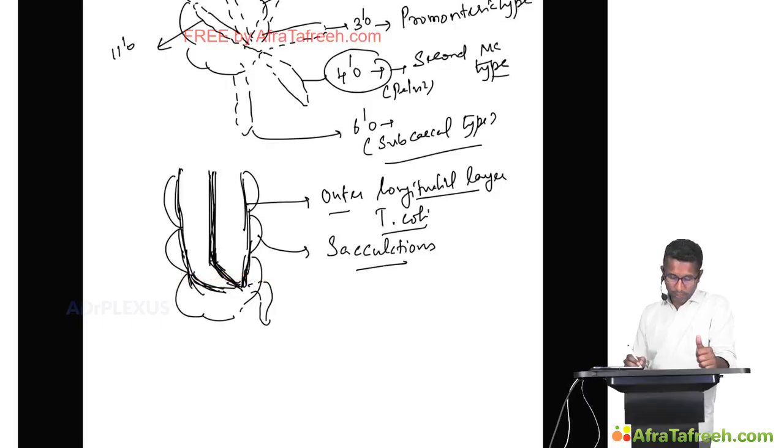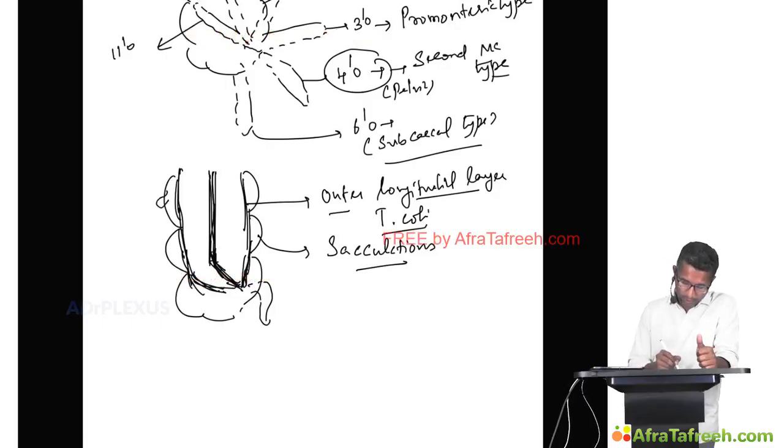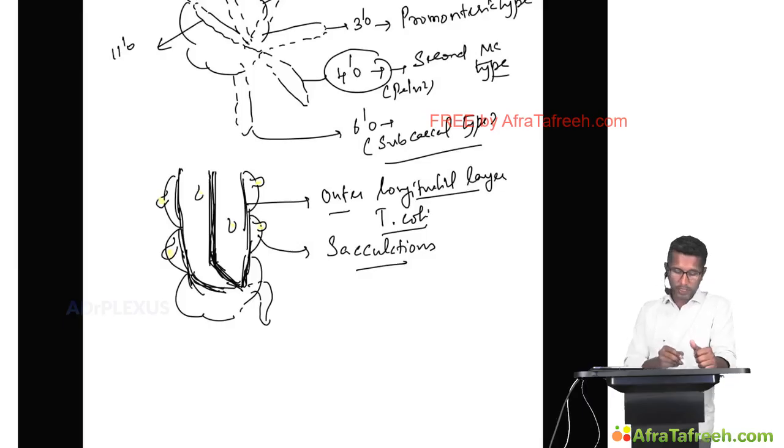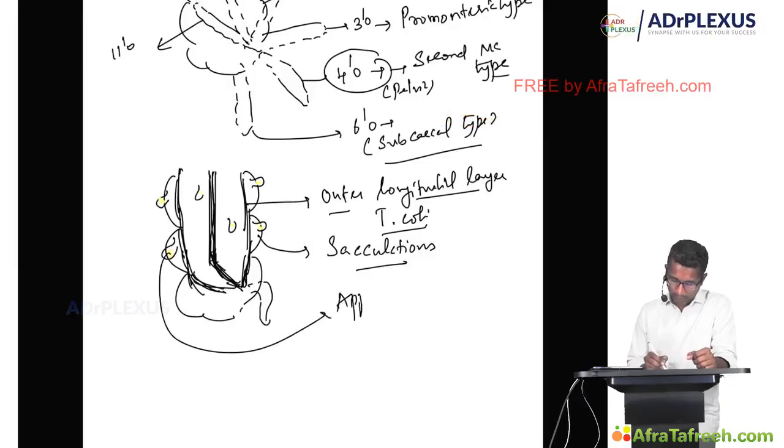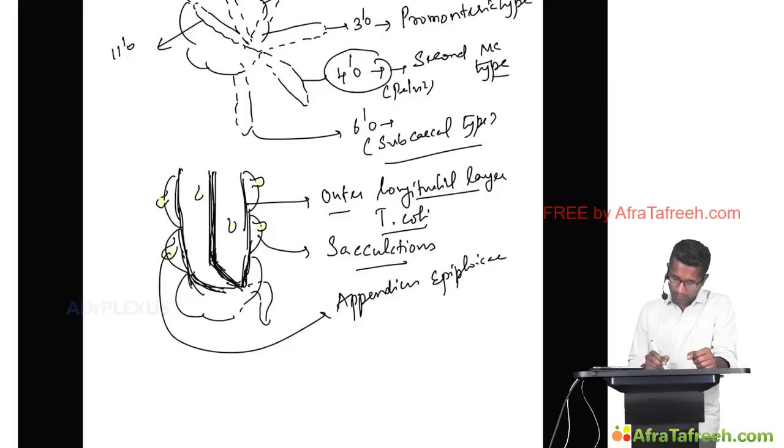When you see the large intestine, it has pouches of peritoneum with fat in them. The fat within these peritoneal pouches is called appendices epiploicae.